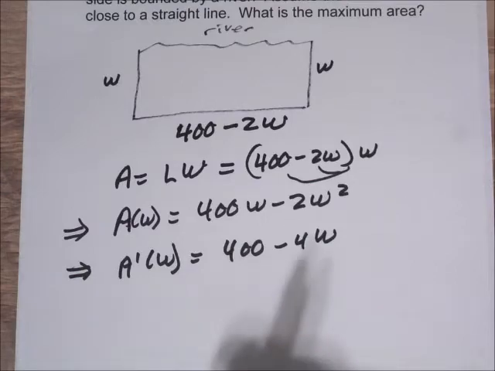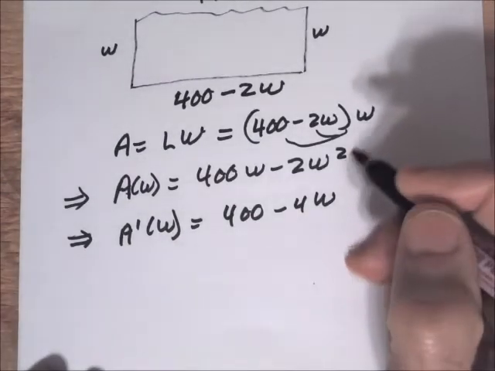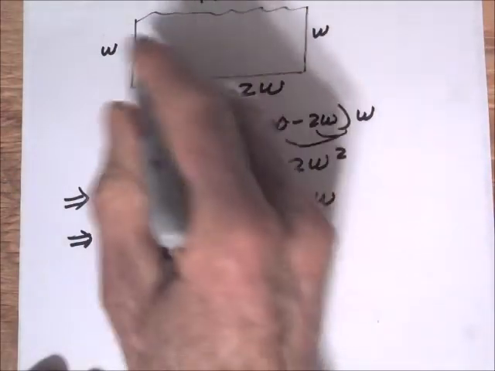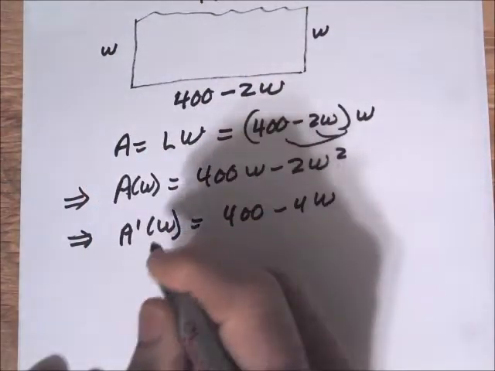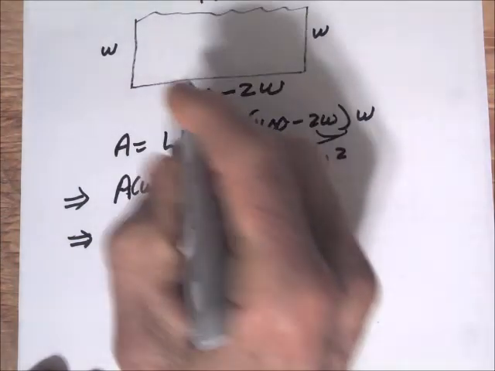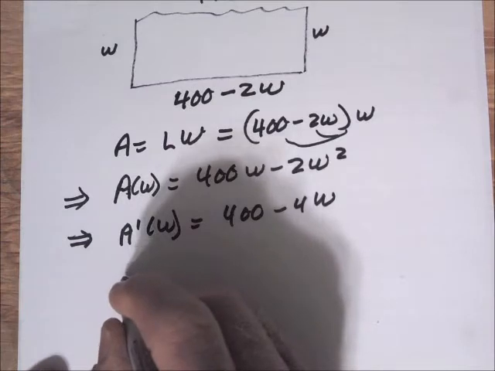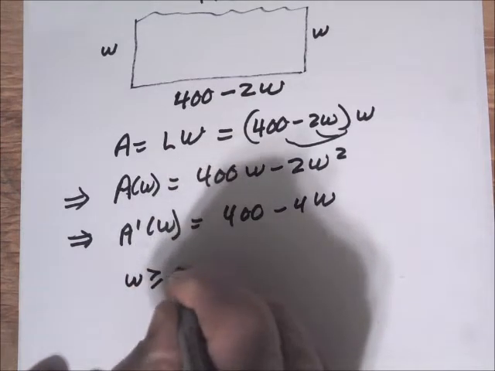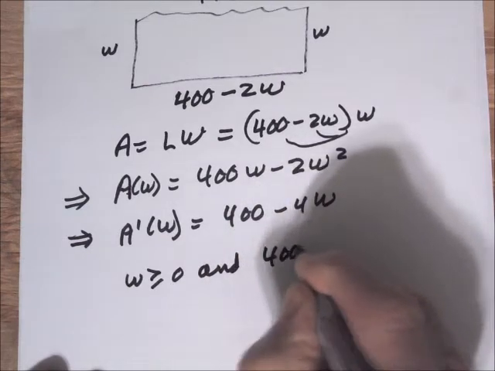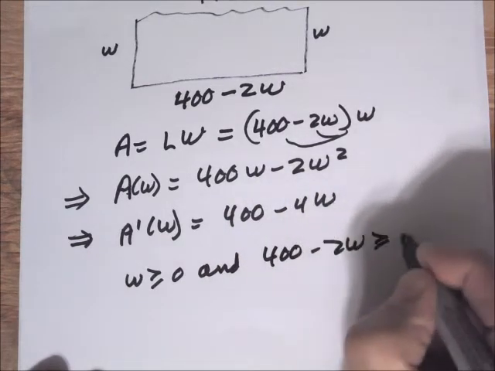okay, actually we need a little bit more here. So the width, W, has to be greater than or equal to 0. We don't know if it's the width or the length, but W has to be, because width and length are both positive. So W has to be greater than or equal to 0, and 400 minus 2W has to be greater than or equal to 0.